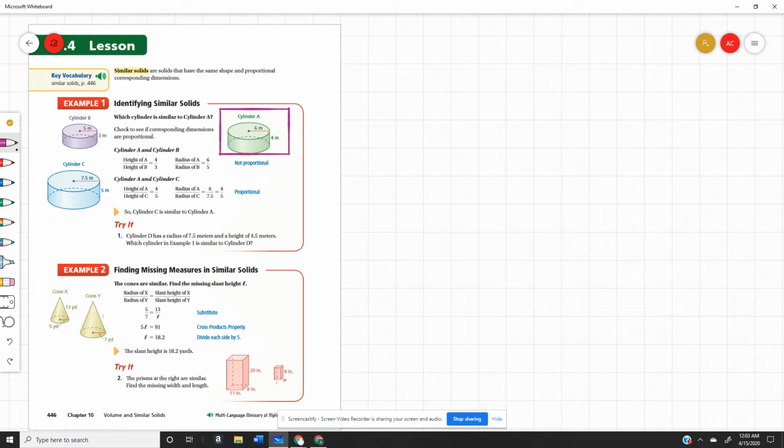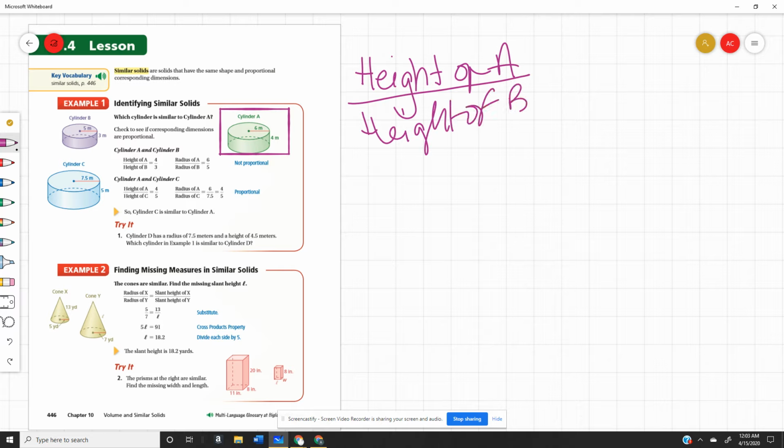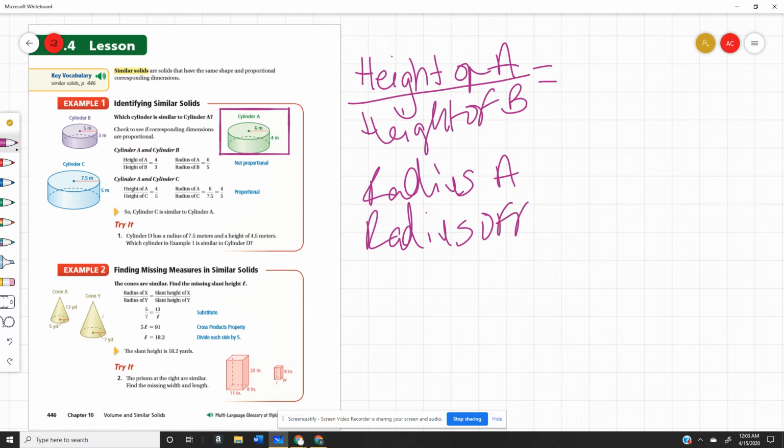We want to figure out if cylinder B or C is proportional. Okay? So what we're going to do is look at the height of A and compare it to the height of B. And then we're going to look also at the radius of A and the radius of B. Remember, with our triangle that I just showed you, every side had the same 3 to 1, 3 over 1.